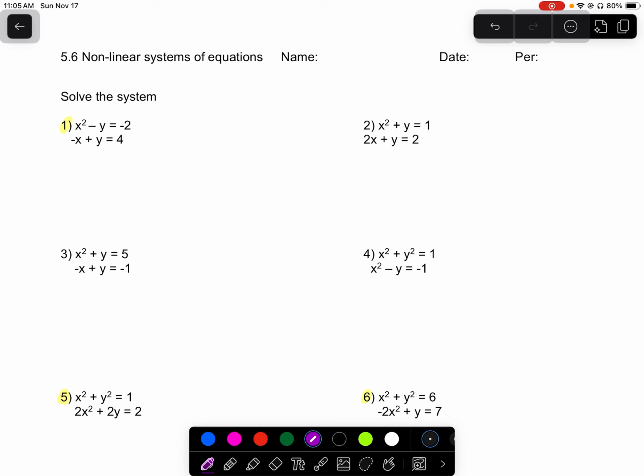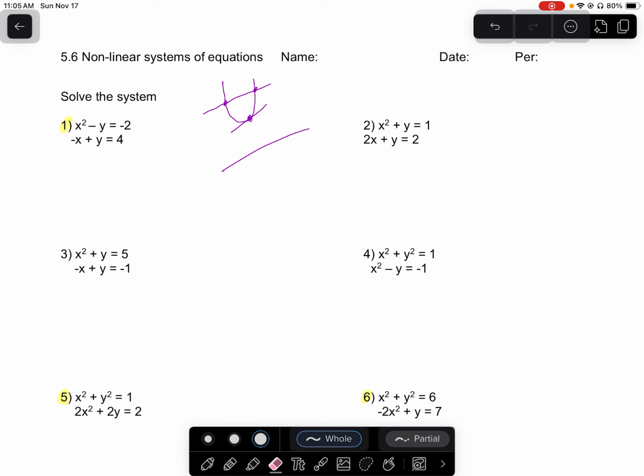But let's think about the difference here. In problem number 1, technically that first equation is a parabola, when one variable is squared and one is not. The second equation is a line. So if we have a parabola, we can cross it with a line in 2 spots, we can cross it in exactly 1 spot, or maybe our line never hits the parabola at all.